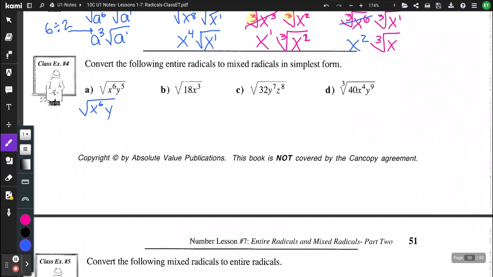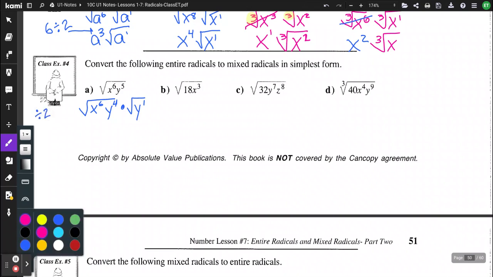x6 y4 times root y to the 1. So one guy's only going to have a y underneath it. The other guy's going to take all the x's because they can all divide by the even number 2. So we're dividing by 2 in this one.